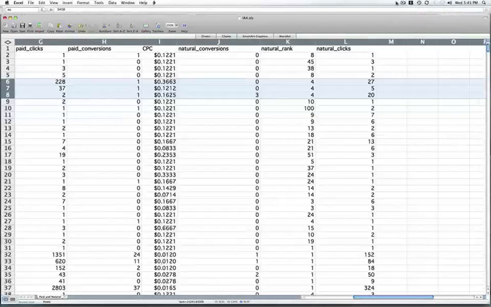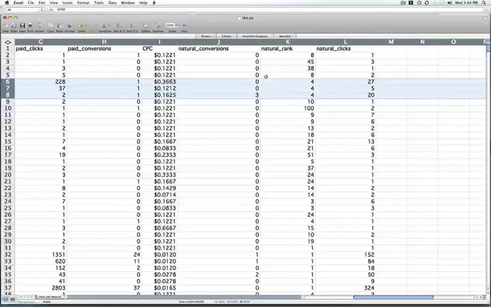Now, if we look at the paid conversions column, we see that there was 1 conversion resulting from the corresponding paid clicks in each of the 3 weeks that the ad was shown.